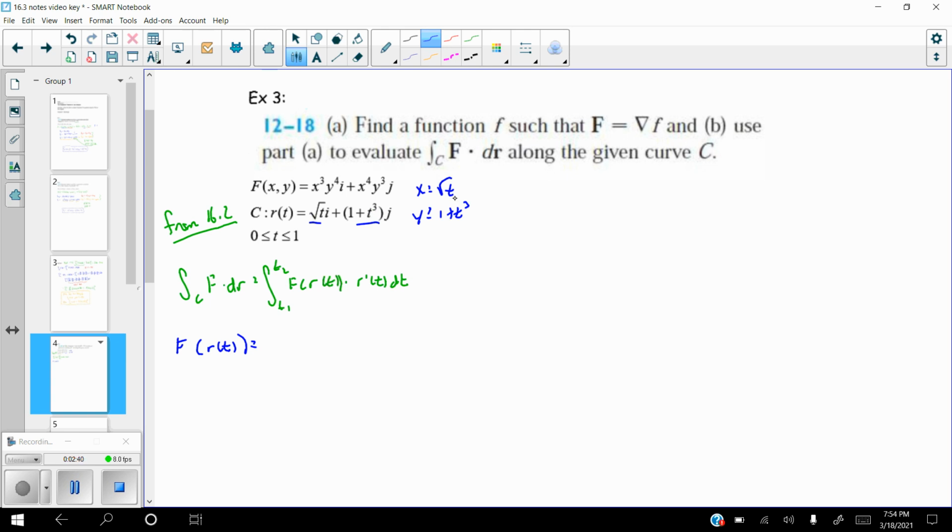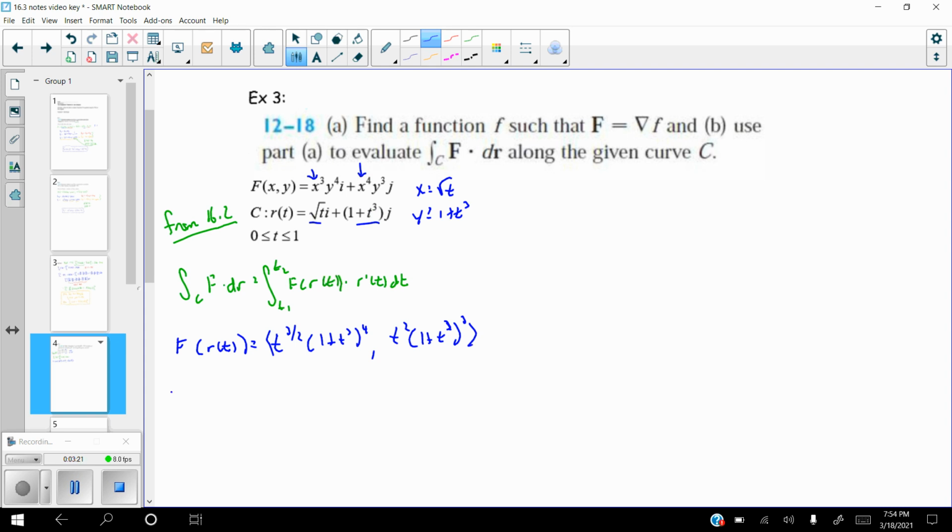If I plug in x, which is square root of t, into here, we're going to get t to the 3/2 power, and then y is going to be 1 plus t cubed to the 4th. And then we do the same thing over here. This one will be a little bit nicer because that's going to give me t squared, and then 1 plus t cubed cubed. So there's F of r of t.